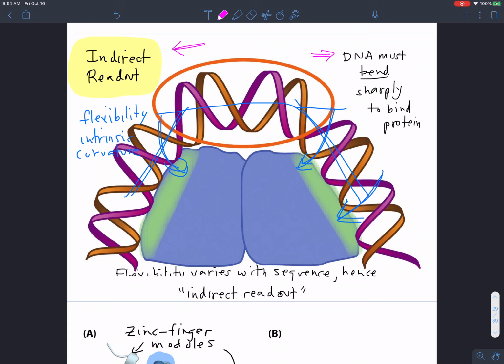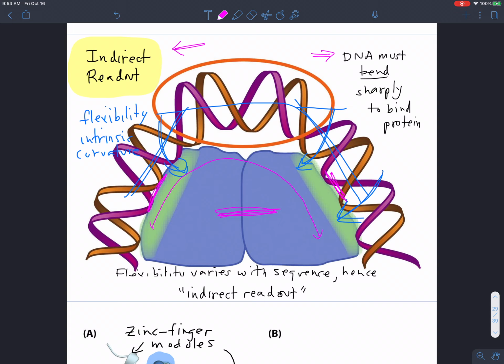And that means that if you have a protein like this one that requires that the DNA bend in order to bind to it, right? If the DNA were not bent here, it couldn't make interaction with this surface or this surface, and so wouldn't be able to take advantage of the full binding surface, the full binding interaction, the full delta G of interaction.